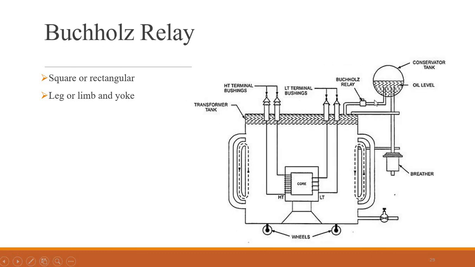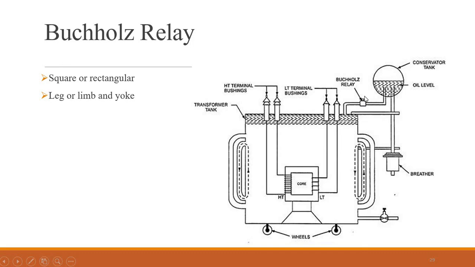Then the Buchholz relay. This is the Buchholz relay here. It is connected in between this main tank and the conservator tank. When any abnormal condition happens inside this tank, maybe a short circuit, maybe an intermittent fault, the temperature will increase, and the oil may be contaminated with gases. Those gases will pass through the main tank to the conservator tank.